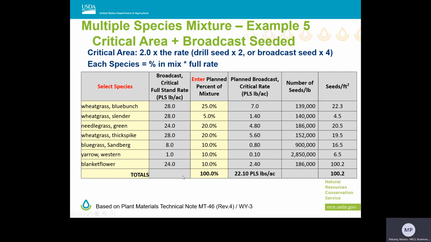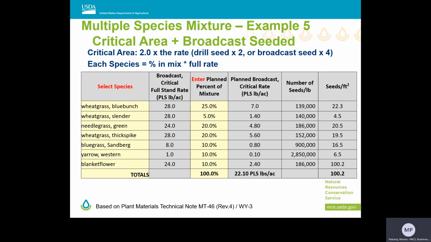On our last example, we're going to be looking at a critical area planting. When you are using a drill seeder on a critical area, again, the critical area is usually a steep site. It's a difficult site to establish plants on. It could be a mine site.